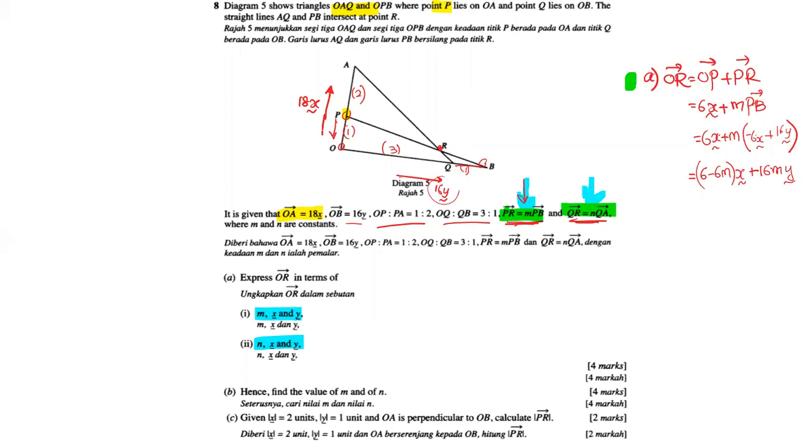Part 2, OR in terms of n. That means I must use this information. OR equals OQ plus QR.